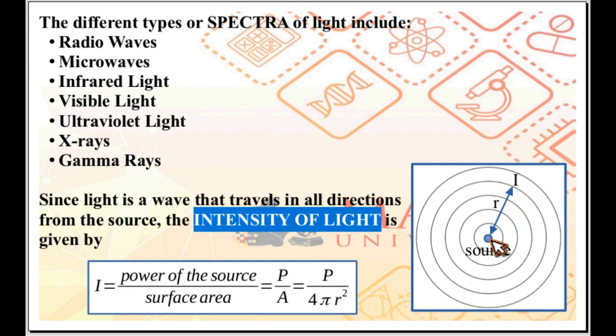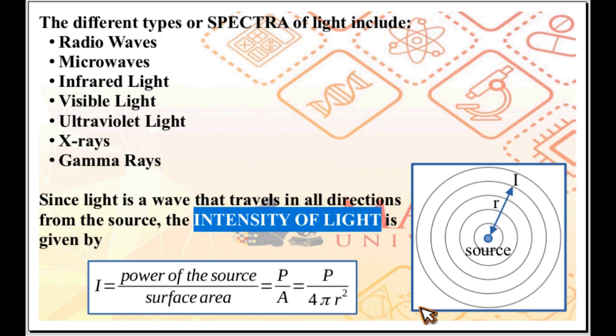I is equal to P divided by A, power of the source divided by surface area.